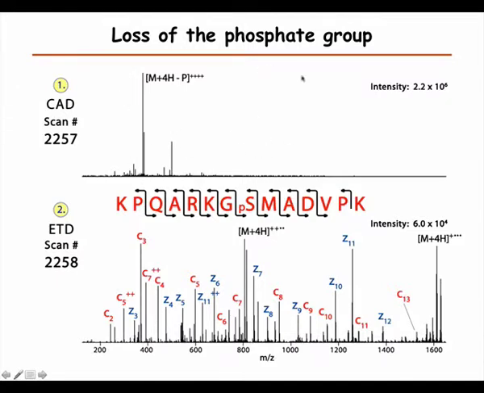In collision-induced dissociation, we've also talked about that we get mainly fragmentation of the weakest bonds, while in electron transfer, the fragmentation happens much faster, so we get a much more even fragmentation along the backbone.